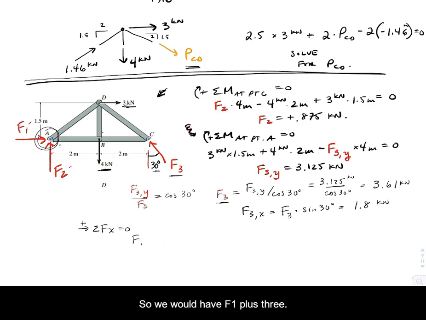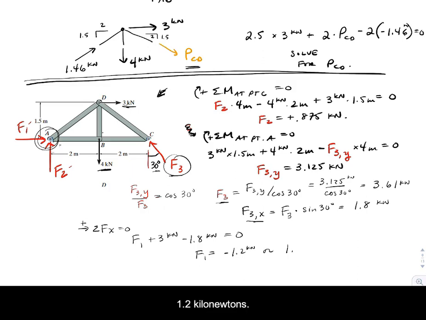So we would have F1 plus 3 kilonewtons minus 1.8 kilonewtons, right? The x component of F3. And that would give us that F1 was equal to minus 1.2 kilonewtons, or 1.2 kilonewtons to the left.